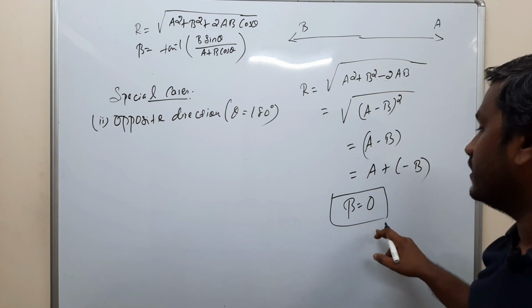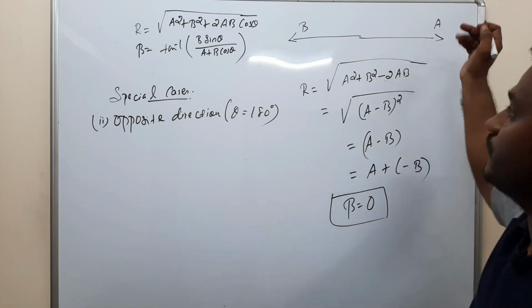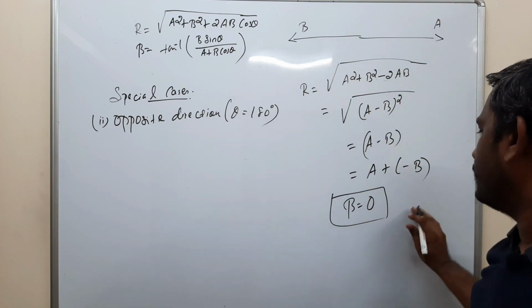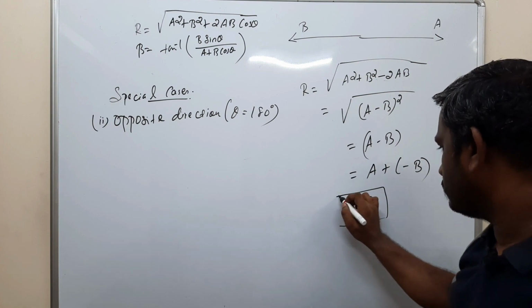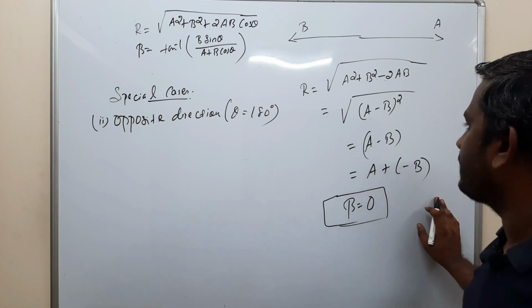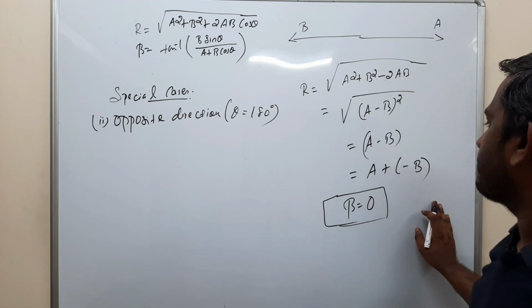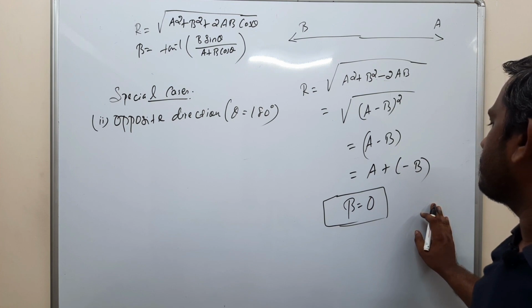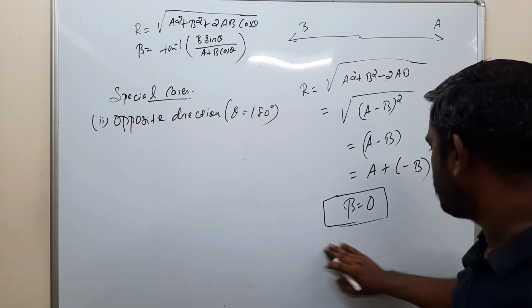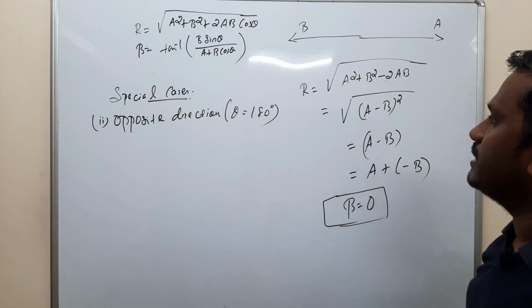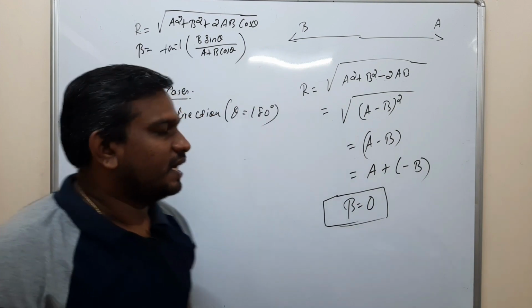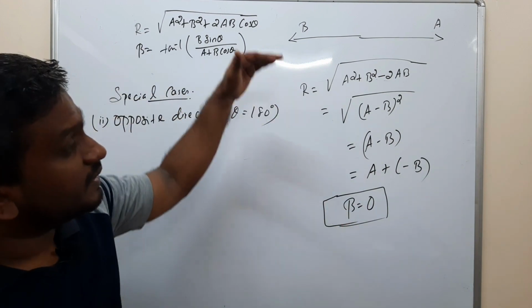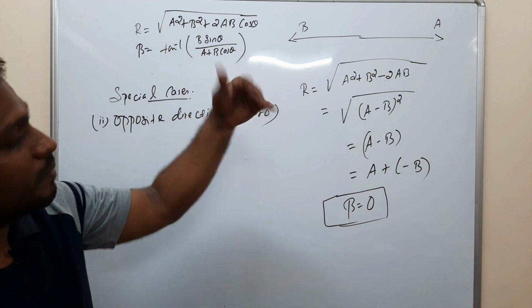The question is whether the resultant is in the direction of A or B. The angle of inclination of the resultant is 0, but whether it is in the direction of A vector or B vector.